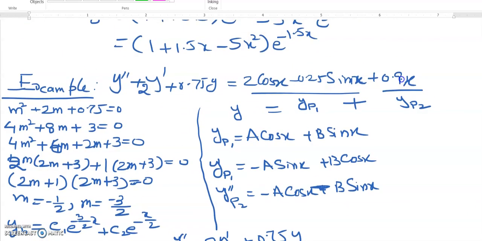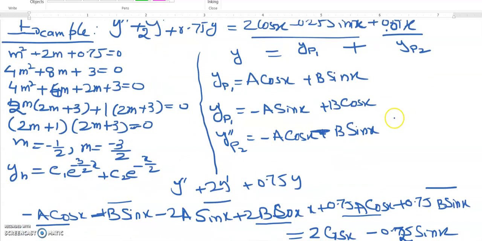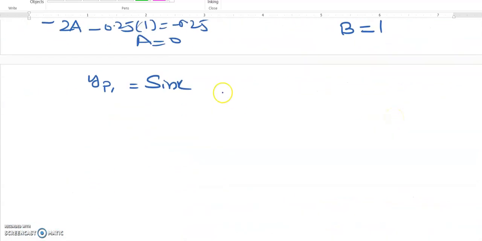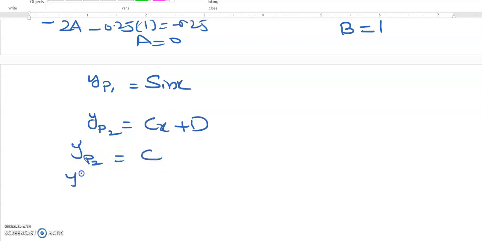So we will assume, because it was a polynomial, the second particular solution yp2 to be equal to, it was in terms of x, so we will assume it is equal to cx plus d. So yp2 prime will be equal to c and yp2 double prime will be equal to 0.